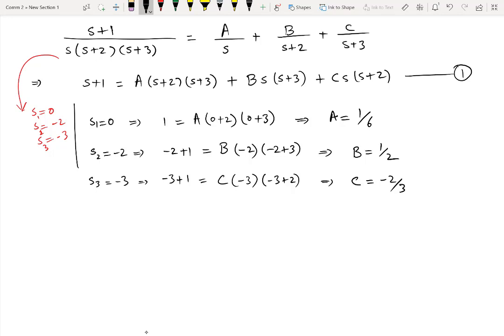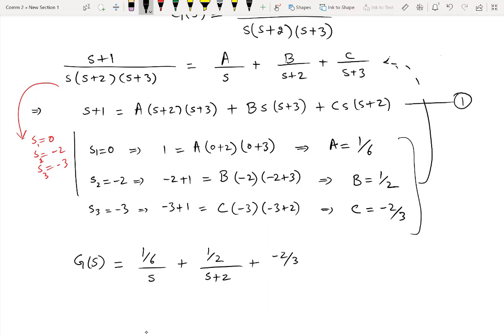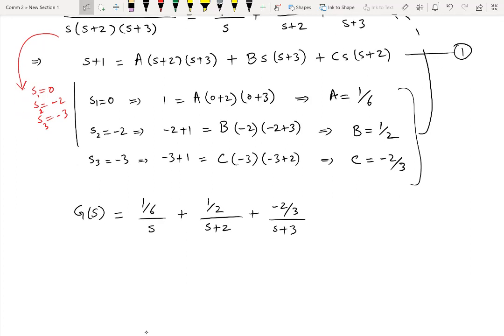So these are the three coefficients, and we will substitute all these coefficients into the main equation. So now we rewrite G(s) by substituting the coefficients as (1 by 6) over s, this is the value of A, plus (1 by 2) divided by (s plus 2), plus (minus 2 by 3) divided by (s plus 3). So now G(s) is in simpler form.